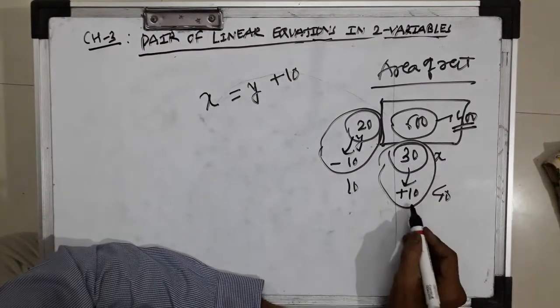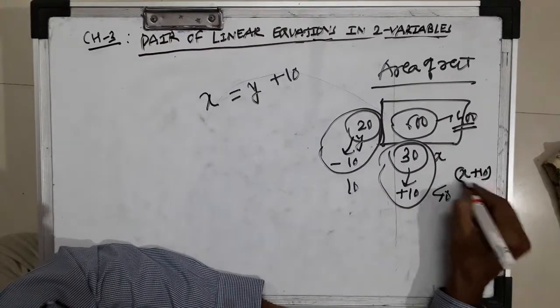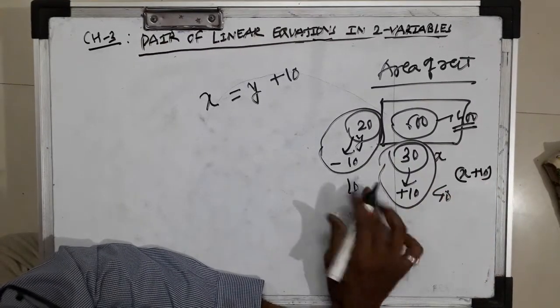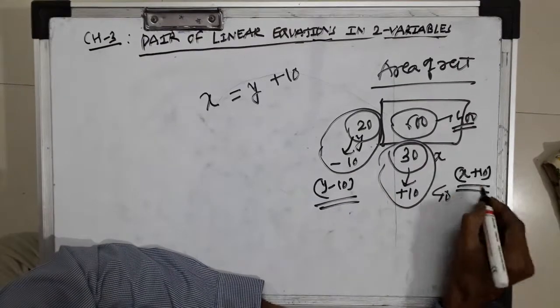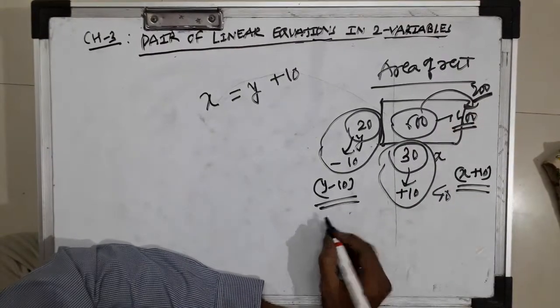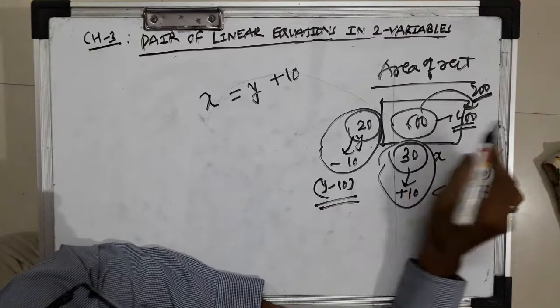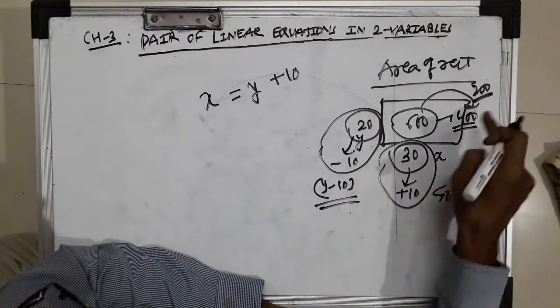If length is increased by 10, means this is x plus 10, and breadth is reduced by 10, means y minus 10, then the area gets reduced by 200 square centimeter. See, previously it was 600. Now 40 into 10, it becomes 400.